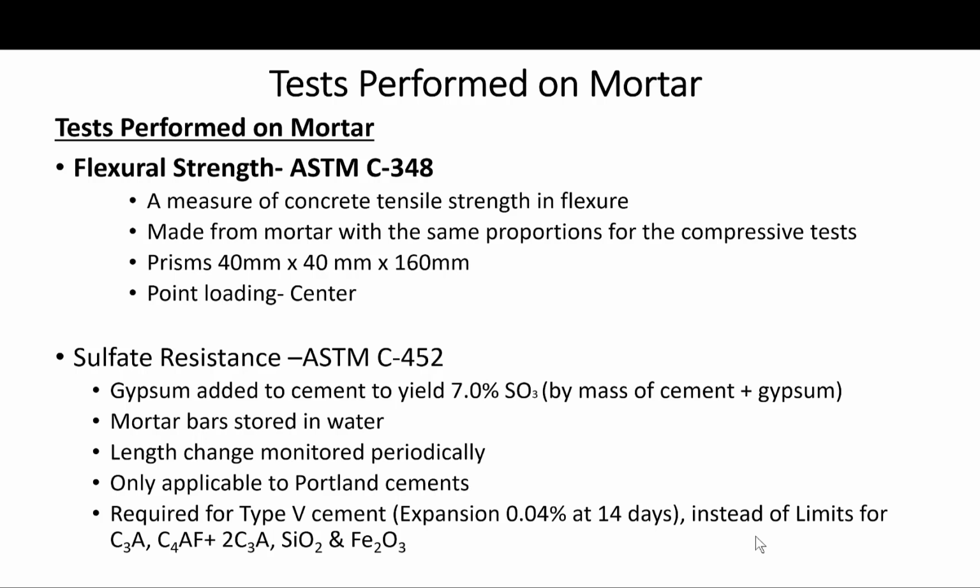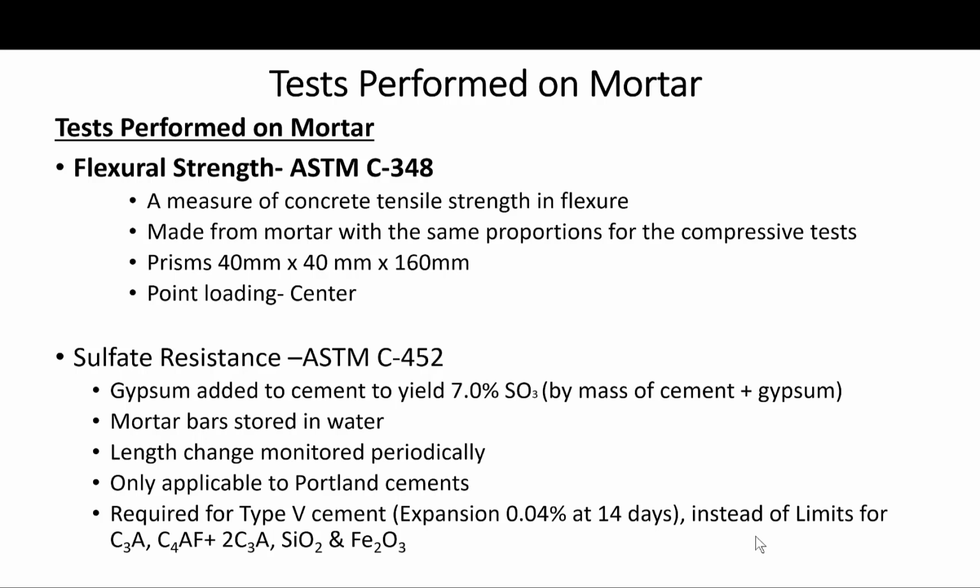This test measures the expansion of mortar bars made from a mixture of cement and gypsum such that the total SO3 content is 7% by weight. The mortar specimens are prepared in the form of 25 by 25 by 285 millimeter long bars, 1 inch by 1 inch by 11 inch long bars or prisms.